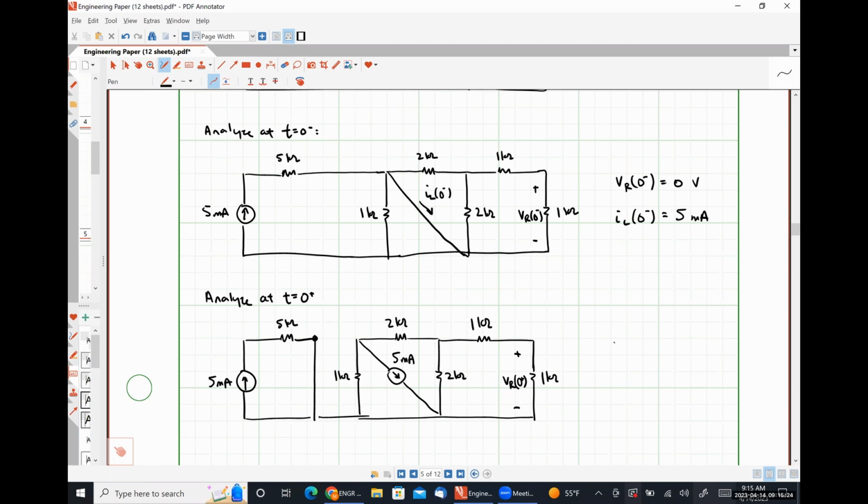We know IL at 0 plus has to be IL at 0 minus, which is 5 milliamps. And now we need to figure out what VR is.